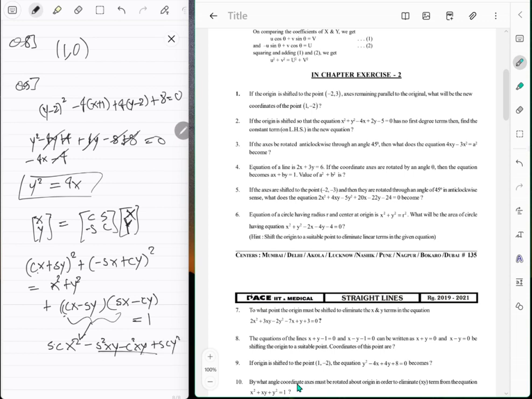The only way for this to become 0, wait, that cannot be, because these are squares. How can that even be? Oh, what am I missing? Cosine x plus sine y, oh, that explains this. Sorry.